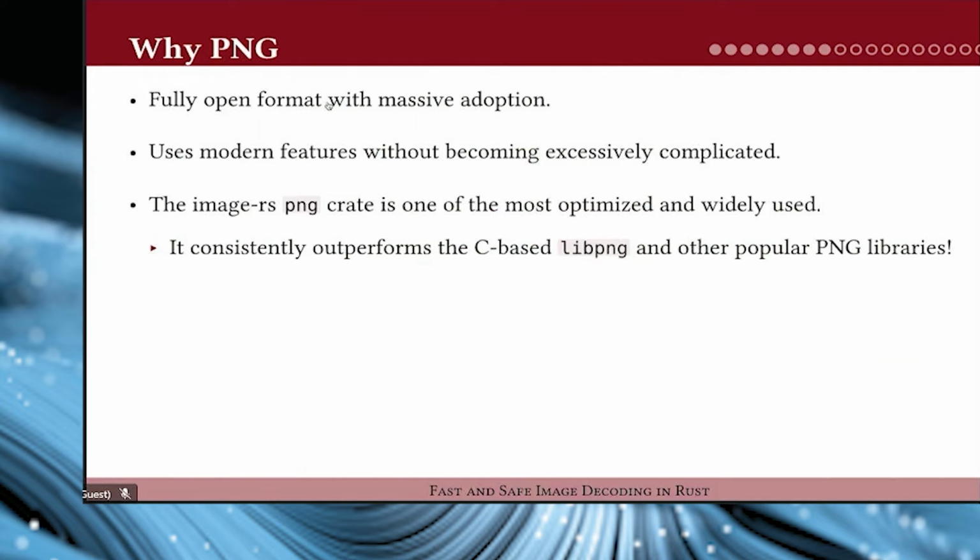And another point is that for ImageRS at least, our PNG decoder is both really widely used, slightly horrifyingly widely used, and is extremely performant. It's actually faster than the reference implementation in C, which is kind of surprising.